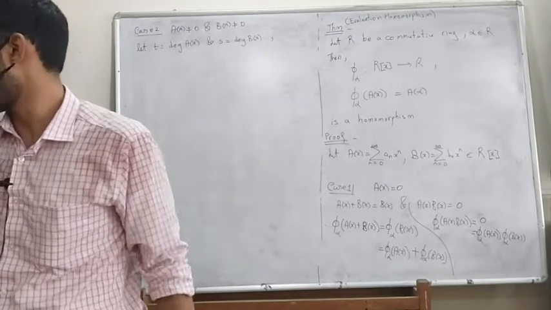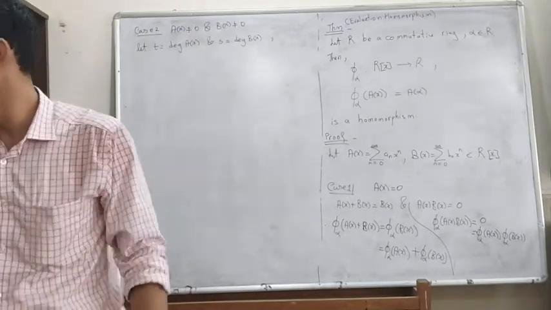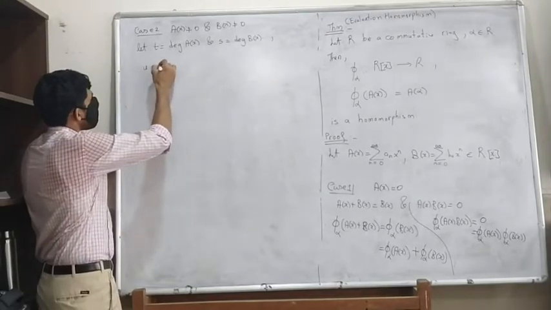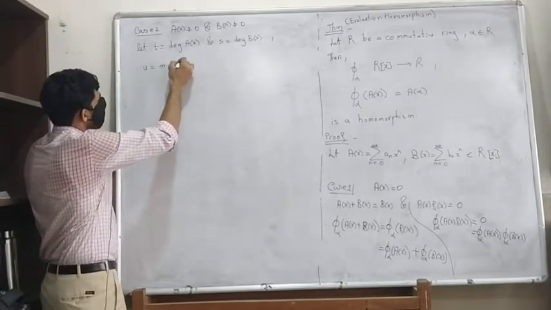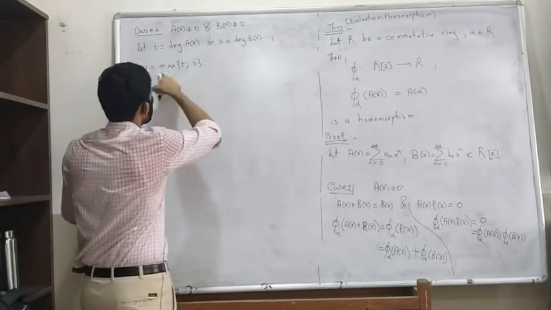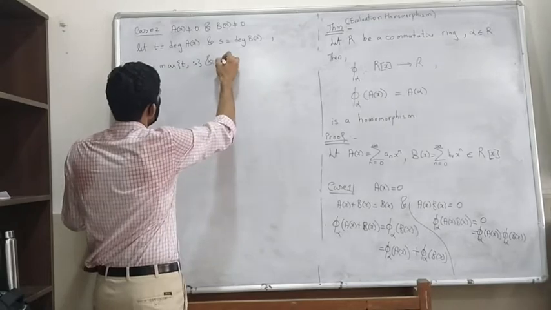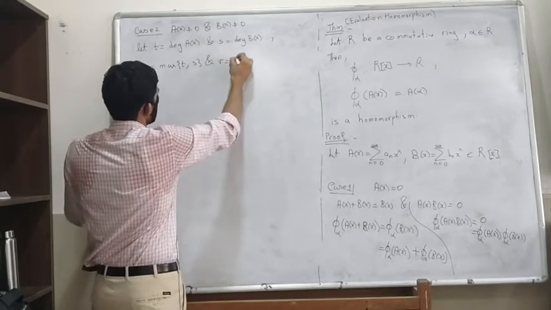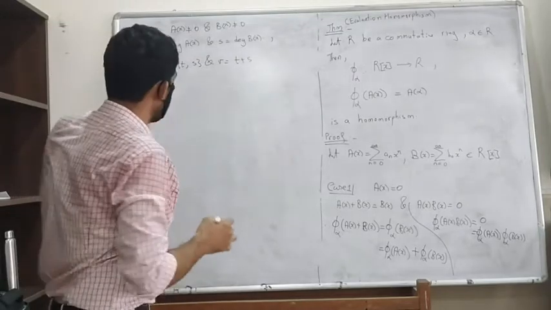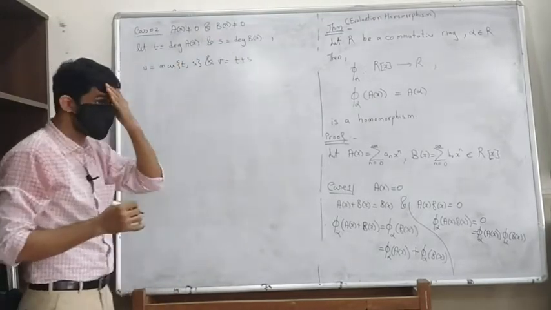That's not a problem. So we'll take u to be the maximum of t and s, and we'll take v to be t plus s. That's going to be the degree of A of x into B of x.